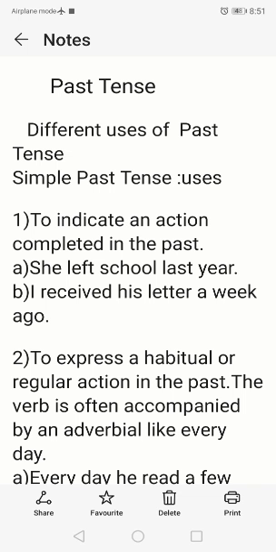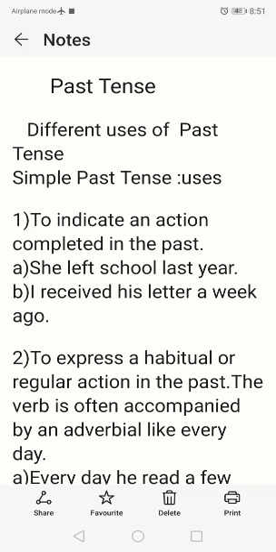And next, a very important one: to express a habitual or regular action in the past, we have to use simple past tense. Actually, to indicate a habitual or regular action, we use the simple present tense.